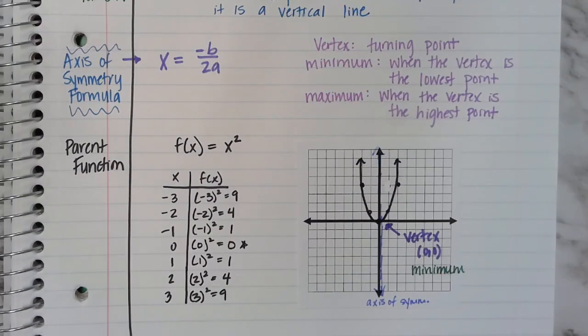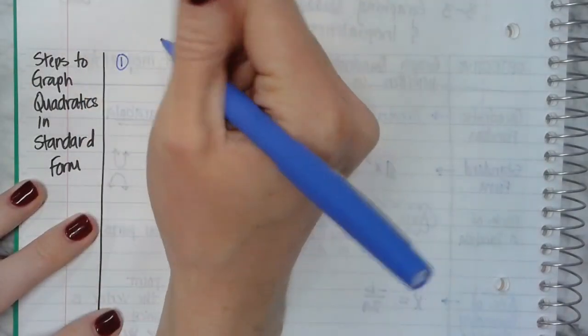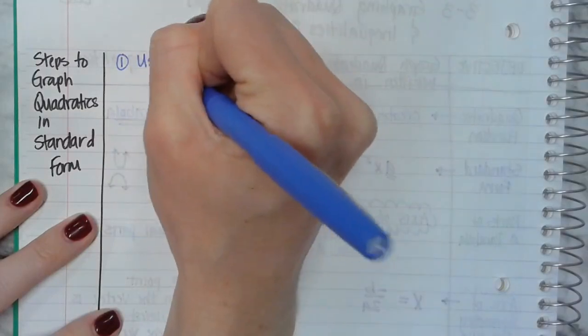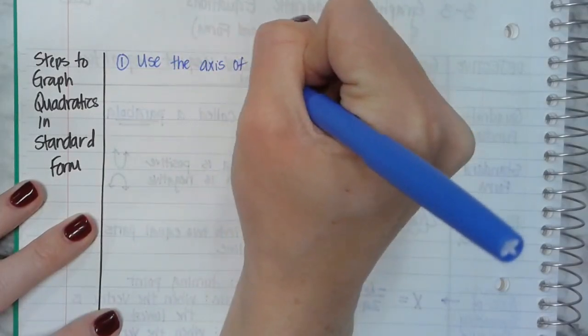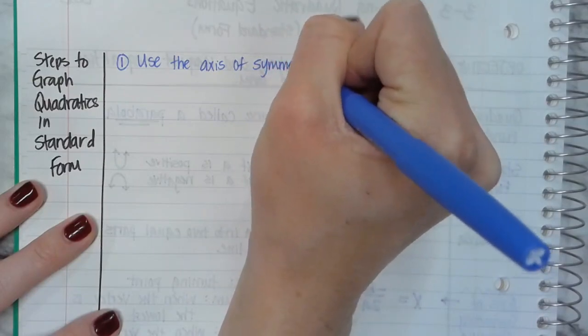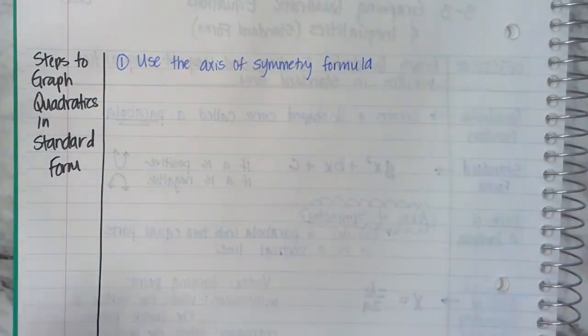We're going to take a look at how to graph other quadratic functions in standard form. So the steps to graphing quadratics in standard form. The first thing you want to do is to use the axis of symmetry formula to find the vertex.